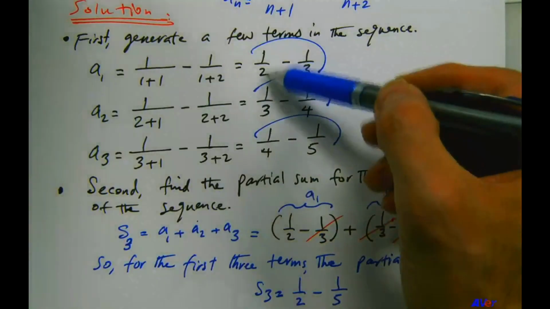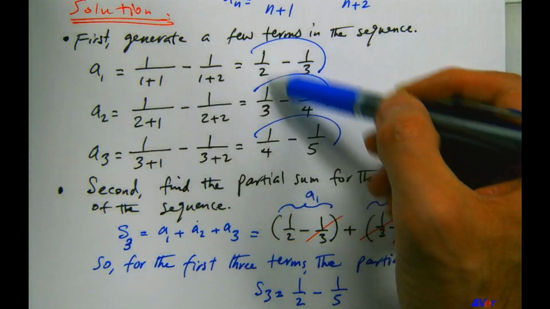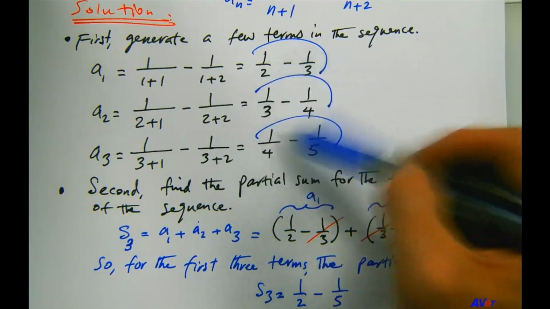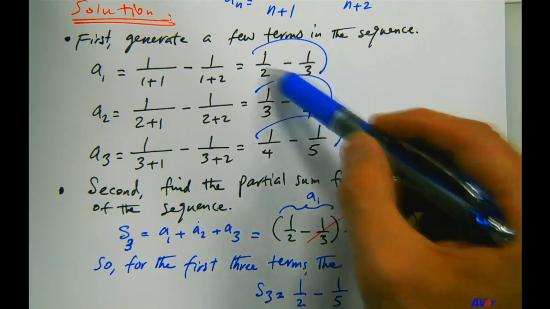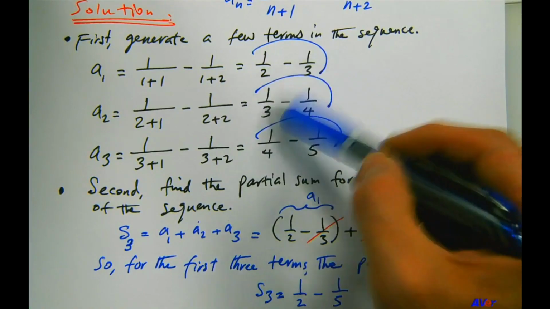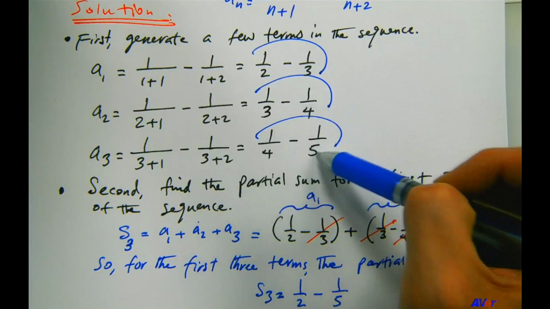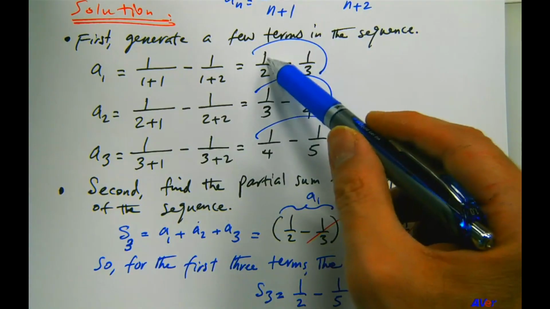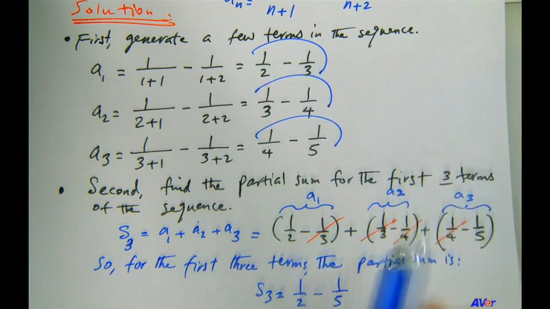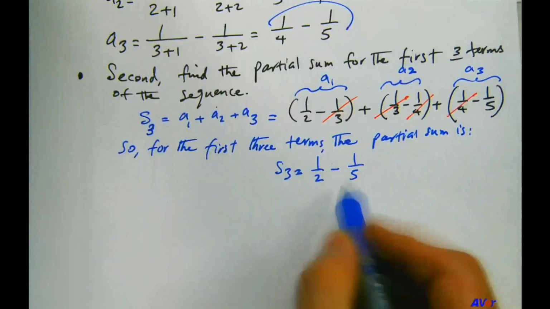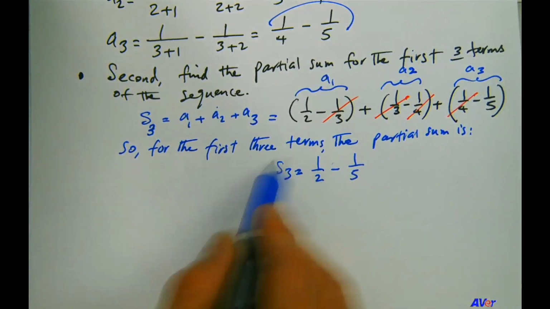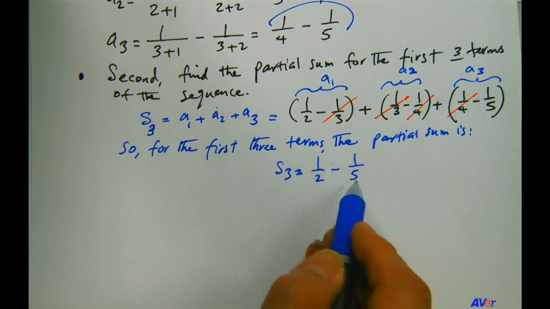The first term, the 1/2 from the beginning persisted through all of these additions. So when we added all these three terms, the 1/2 stayed, but those middle ones cancelled, and the last one persisted. It stayed on in the final result, right? So using this partial sum, for the first three terms, the partial sum is this.